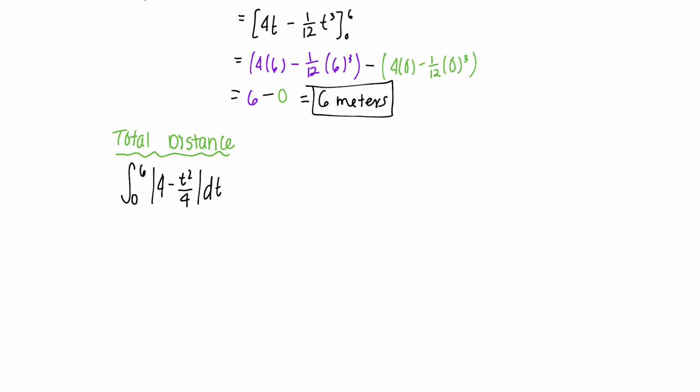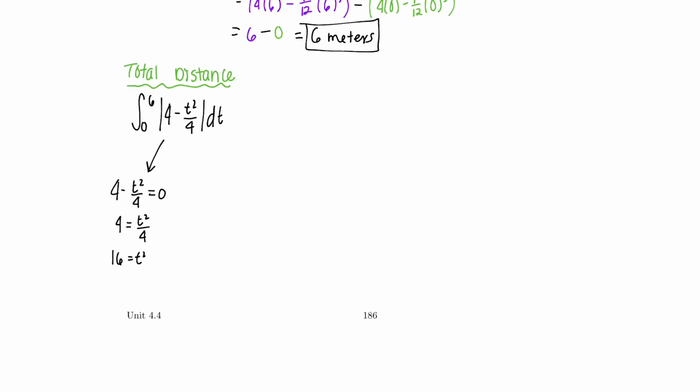So we're going to find out where this thing is equal to 0. 4 minus t squared over 4 equal to 0. If we want to do this without factoring, we can add the t squared over 4 to the other side, then multiply both sides by 4. You're going to get t equals plus or minus 4.